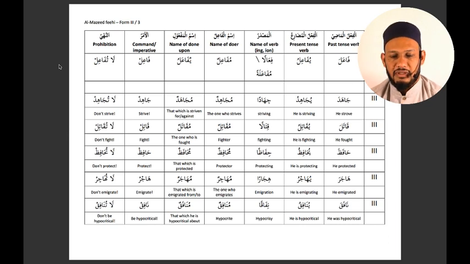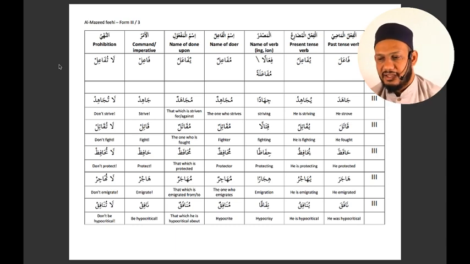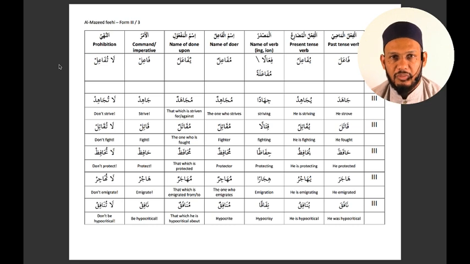Next one is قاتل يقاتل قتالا مقاتل مقاتل قاتل لا تقاتل. Again, the same. حافظ يحافظ حفاظا محافظ محافظ حافظ لا تحافظ.